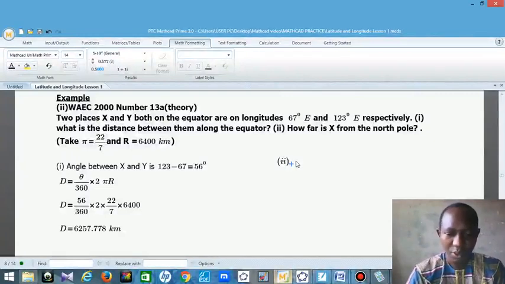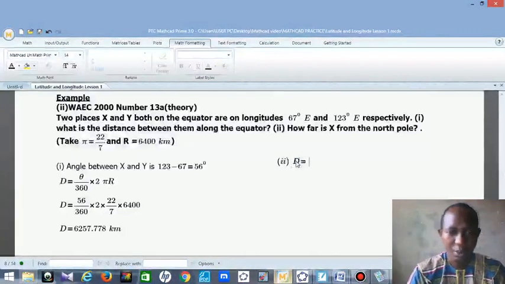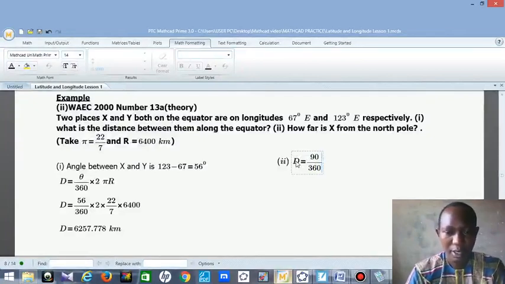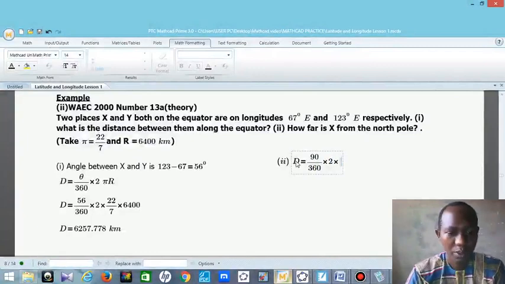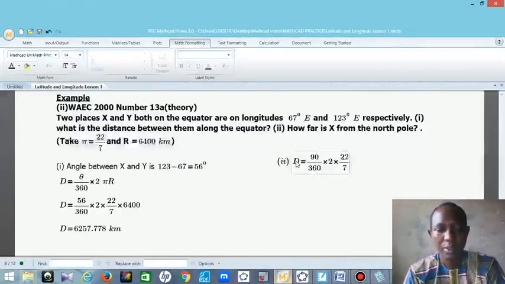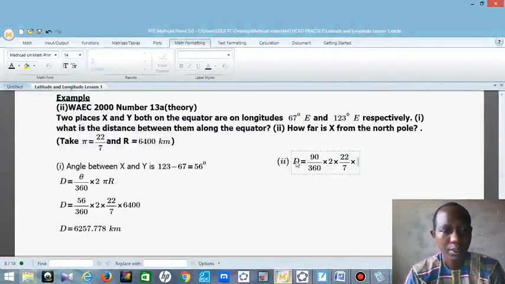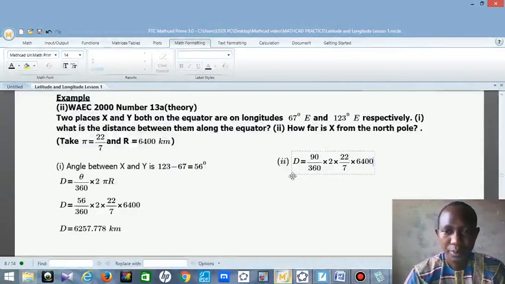And since it's on the longitude, it's capital D we are going to use, which is 90 divided by 360, then times 2 times 22 over 7 times the radius, which is 6,400. That is all.